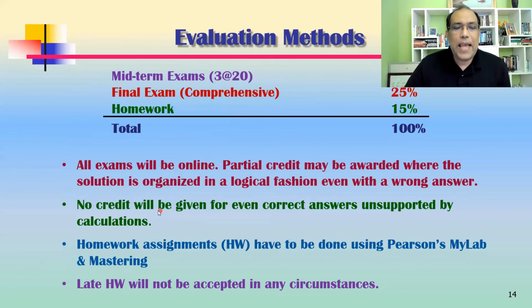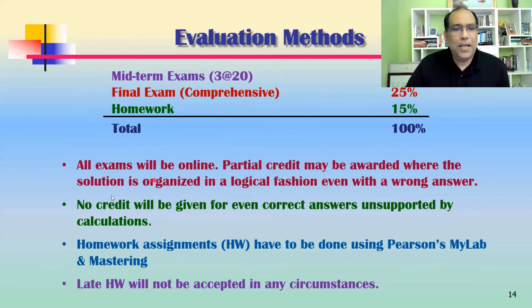For your exam, you will have that exam online, and partial credit may be awarded where the solution is organized in a logical fashion, even with the wrong answer. I promise you that you will get 90% if your method is correct but your answer is wrong, okay?